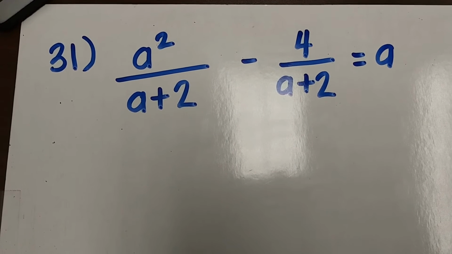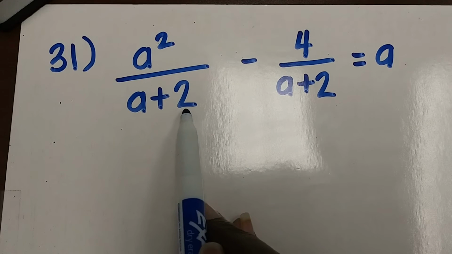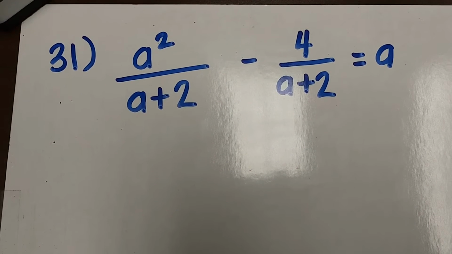Now, before I do my math, look at your denominator. What can a not be? A cannot be negative 2. Because if I say 2 minus 2, it equals 0.